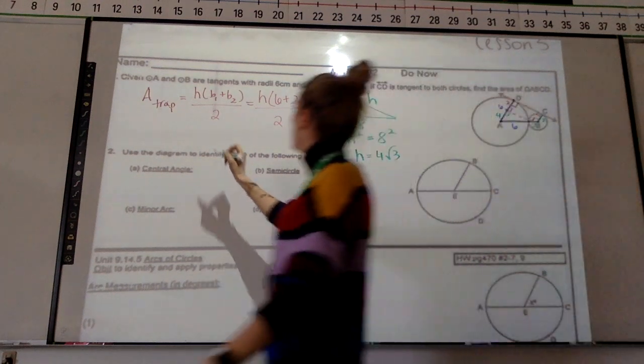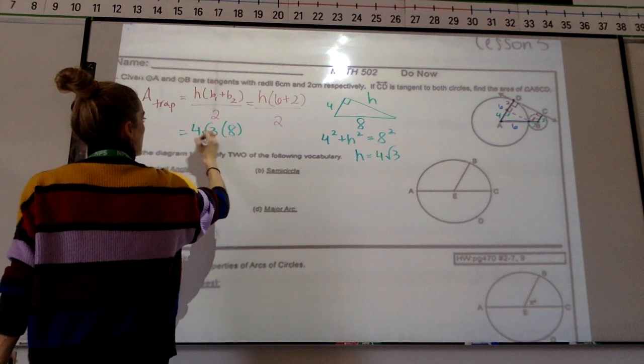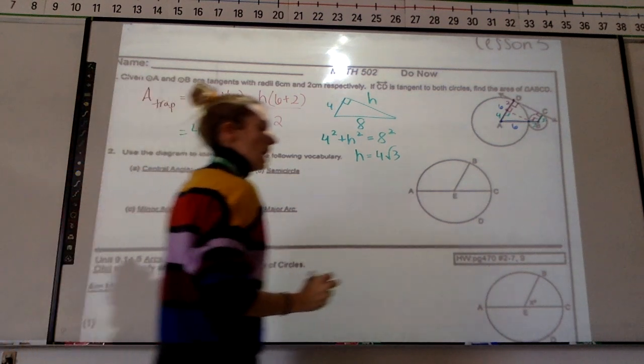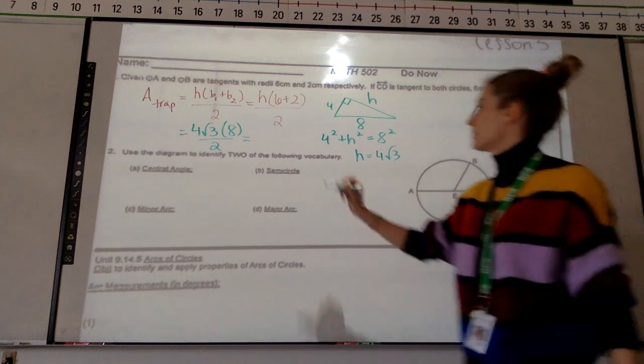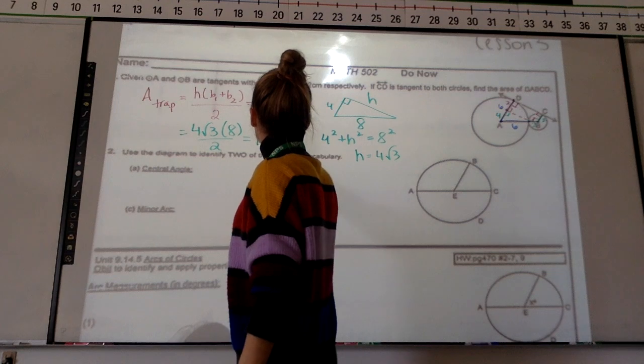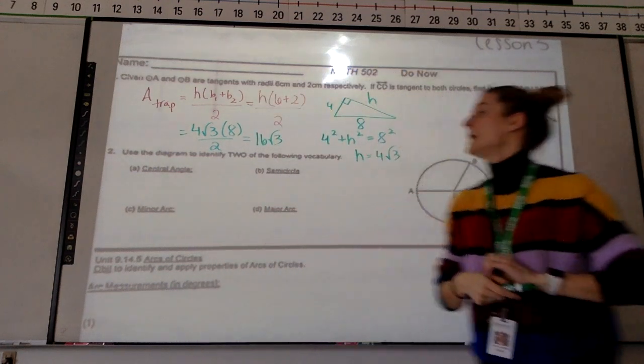So once we know the height, we're plugging in. We've got 4 root 3 for the height times 8 divided by 2. And once you simplify that down, you end up getting that the area of the trapezoid is 16 root 3. All right, so that's number 1.